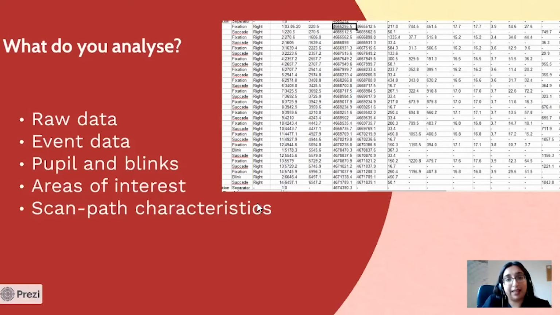And once you have the entire scan path, you can analyze if the scan path had more fixations on a certain word, on a certain area, or you can compare scan path 1 to scan path 2: was one longer, was it shorter, did it have more angles, did it start vertically, did it start horizontally? If you just take these lines and circles as one pattern and then take another lines and circles as another pattern, you can compare this in a number of ways. So you also have scan path characteristics that you can analyze.